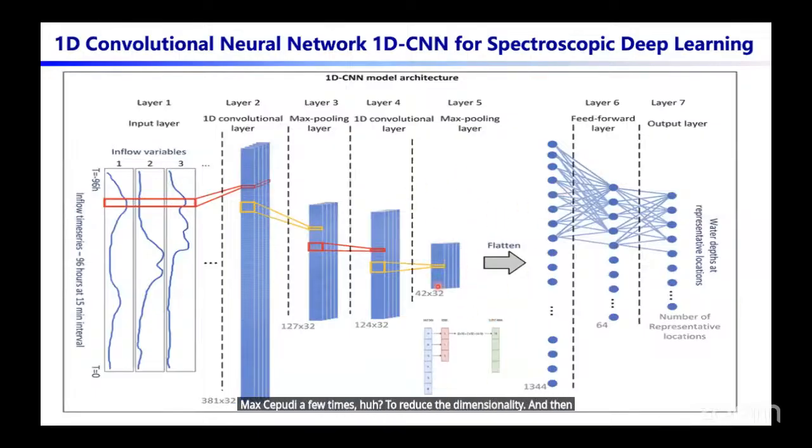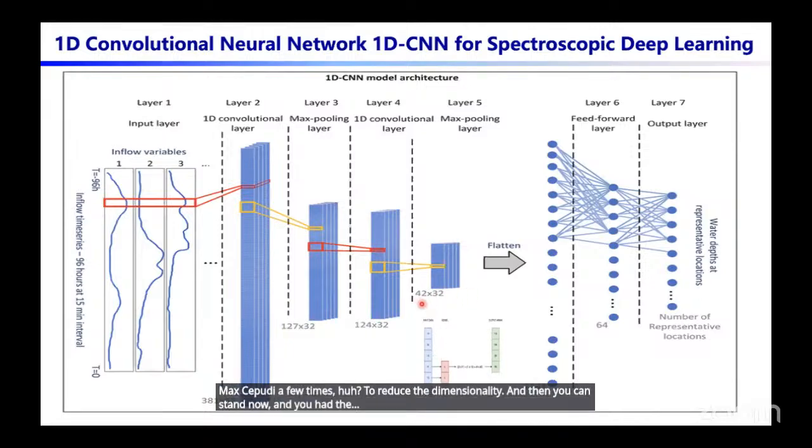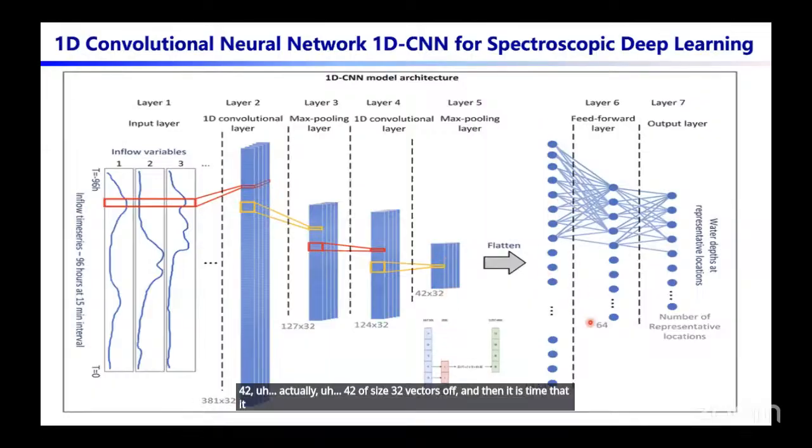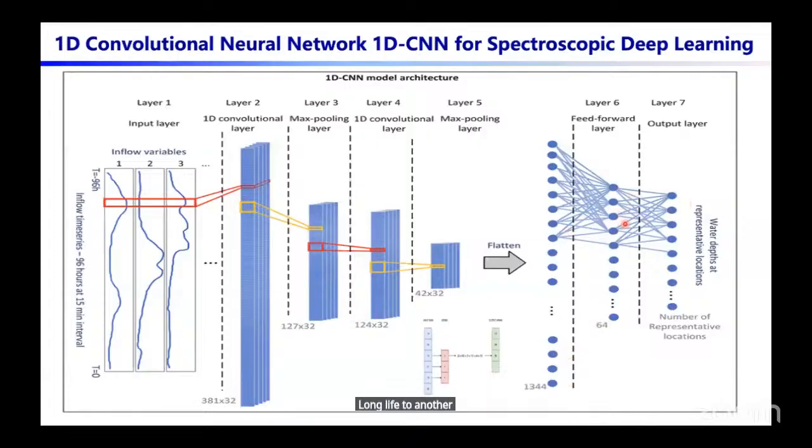Now you have 42 vectors of size 32, and if you flatten that it becomes this long vector, and then it uses 2 layers of shallow neural networks to generate the outcome for you. So this is one example of the application of 1D CNN for spectroscopy deep learning.